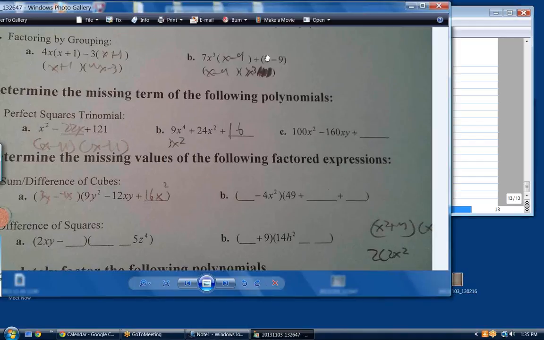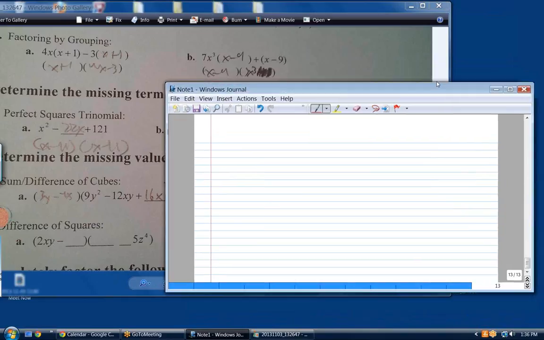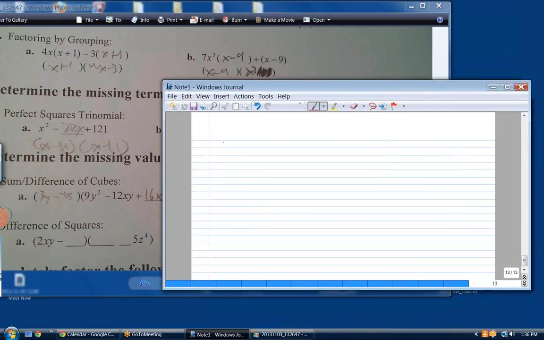And this is going to be x minus 9 times what's left after you factor out x minus 9. 7x cubed plus, would that be a plus 1? It should be a plus 1. So we have 7x cubed plus 1, because there's more stuff we can do here.